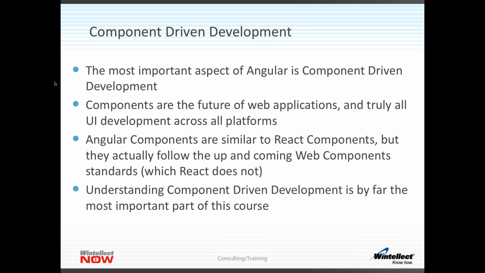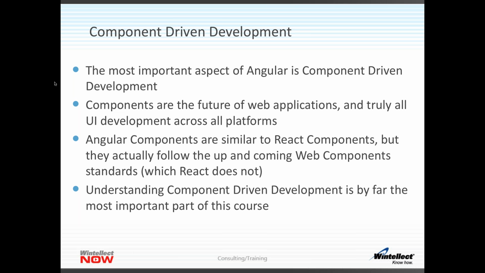When you built AngularJS applications, you'd have some big massive template and shove all your UI stuff into that, and it was easy to get up and running, but it really wasn't something that made code all that reusable or scalable. With component-driven development, instead of having one big monolithic UI, we actually divide our UI into smaller pieces.